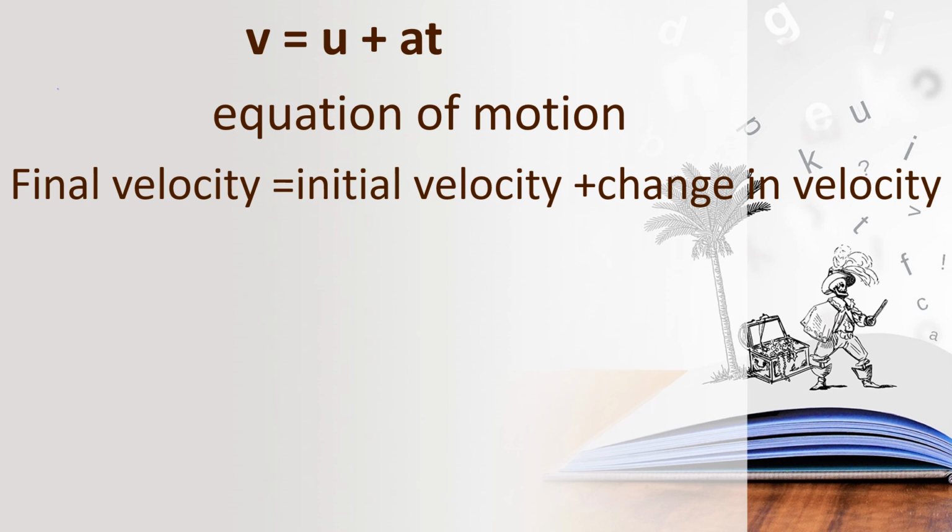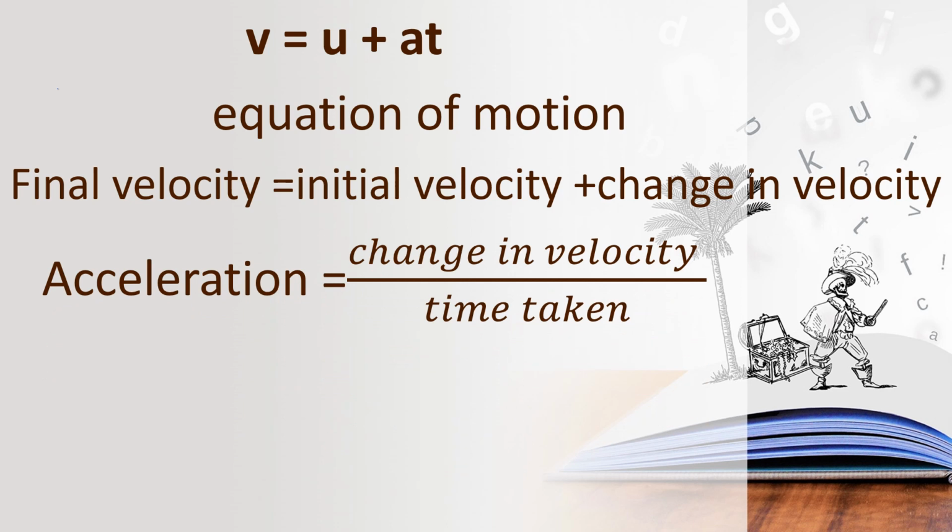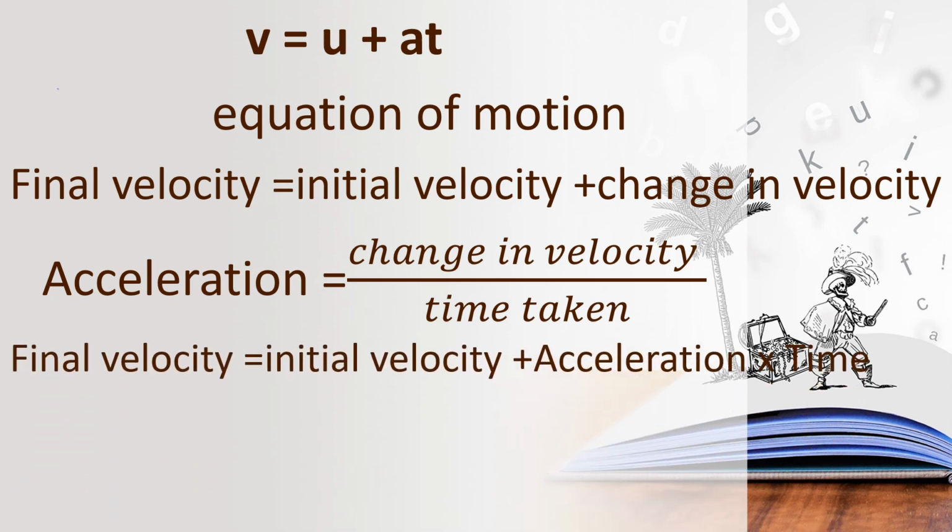Okay, children. For changing velocity, we need acceleration. What does acceleration mean? Acceleration equals change in velocity upon time taken. So final velocity equals initial velocity plus acceleration into time. We are just keeping the change in velocity on one side and bringing acceleration and time taken to the other side.